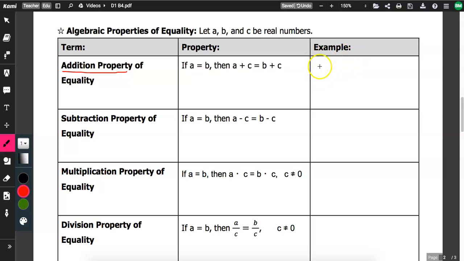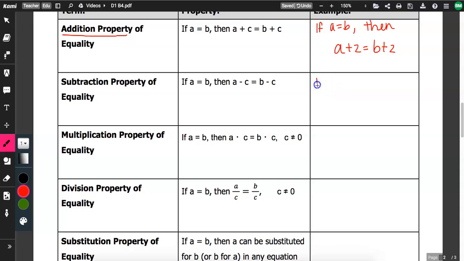We're just going to fill in the example columns for all of these. If A equals B, then A plus 2 equals B plus 2. You have the property written in all variables, and then a quick example. If you add the same thing to something that's already equal, it stays the same.